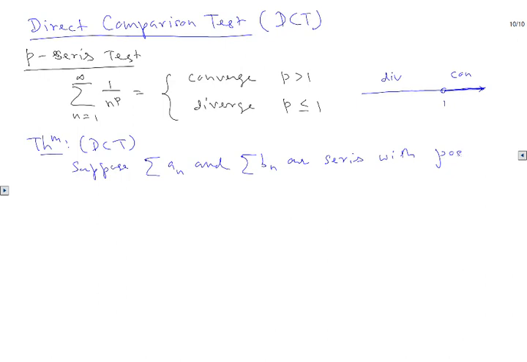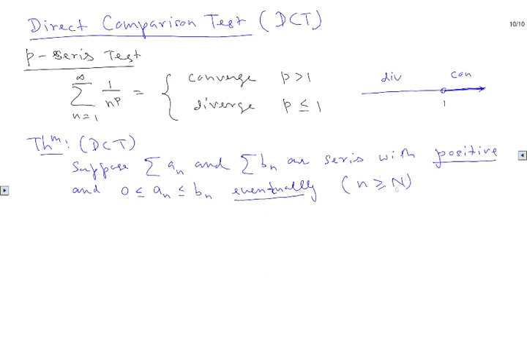That's one of the requirements. And we have this important condition: 0 is less than or equal to a_n, which is less than or equal to b_n. I'm going to say eventually. It's not really a mathematical way to say it, but it's easy to remember. Eventually means that after some time, this is going to be the case.